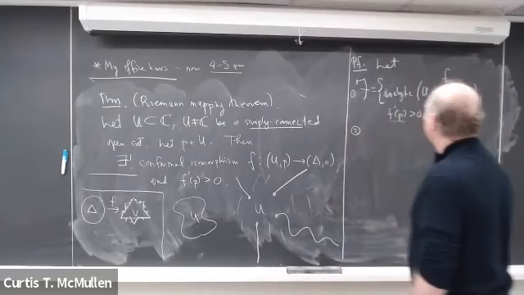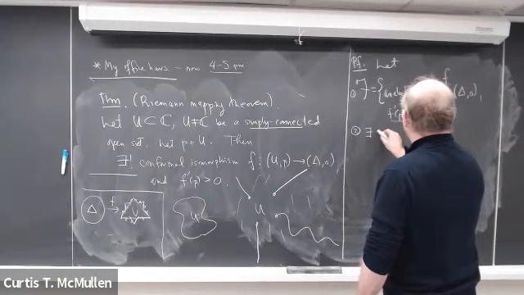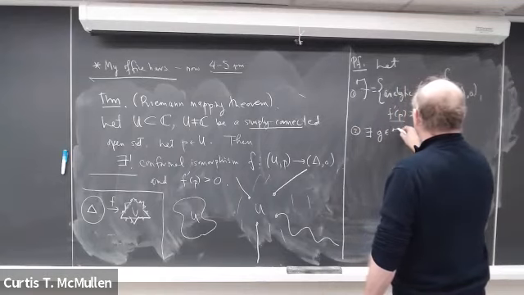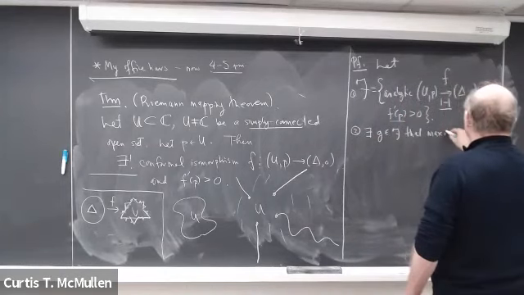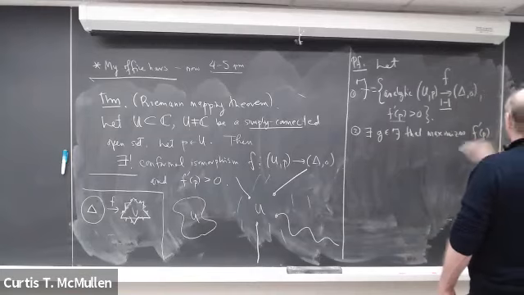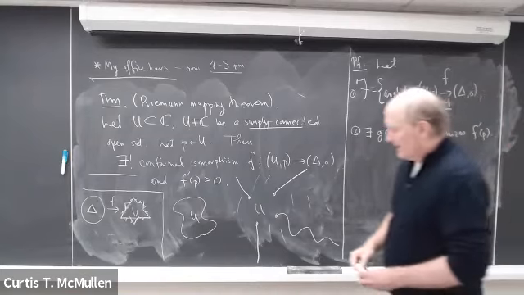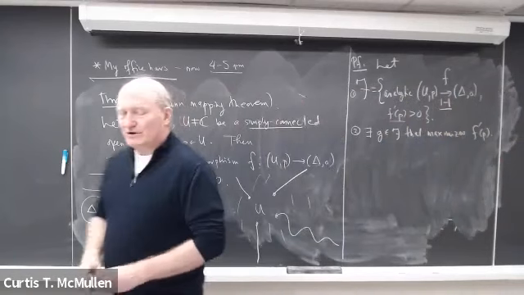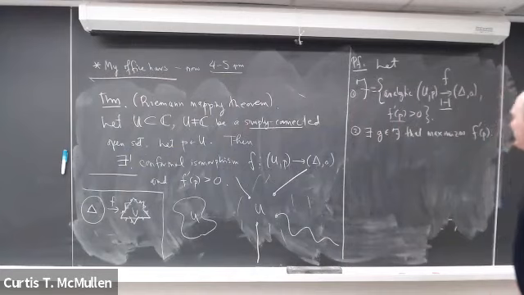The second proof step is to show there exists a G in F that maximizes the value of F prime at P. After all, these are positive real numbers. So this requires some sort of compactness argument. Also, we need to know that the maximum is not infinity.